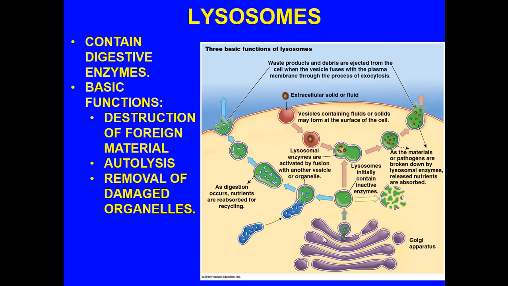Remember, enzymes can be reused time and time and time again. Lysosomal enzymes can be used to destroy damaged organelles. But one of the other things that happens is that when lysosomes are triggered under certain cellular stimuli, they will begin to leak out their contents and the cell will die. This is part of a process called apoptosis, programmed cell death. Okay?